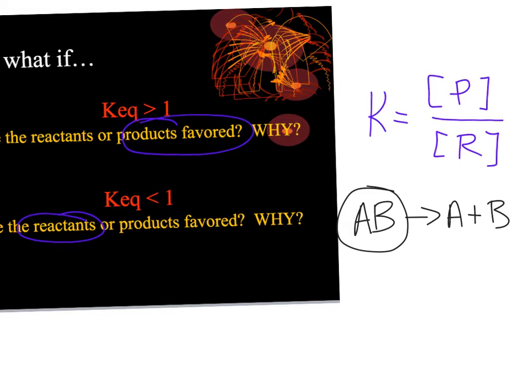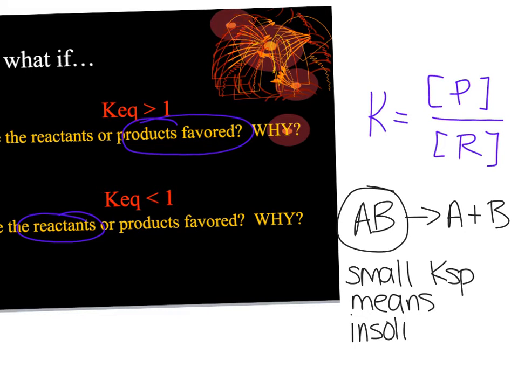So add this to your notes: small KSP means insoluble. And that'll be the last thing we're writing, because I'm going to connect it to your solubility rules tomorrow. KSP is specific to a salt breaking into its pieces, so don't worry too much about it yet. Just write that.